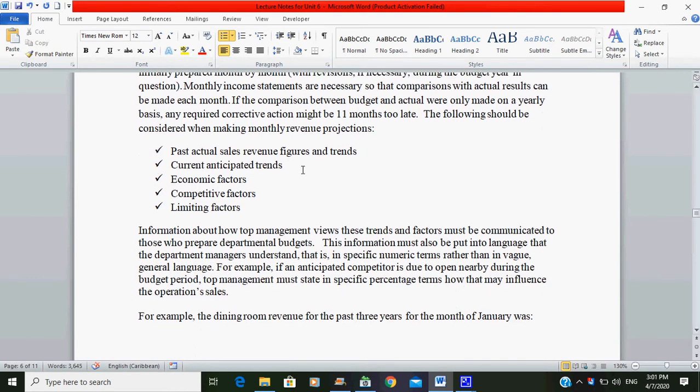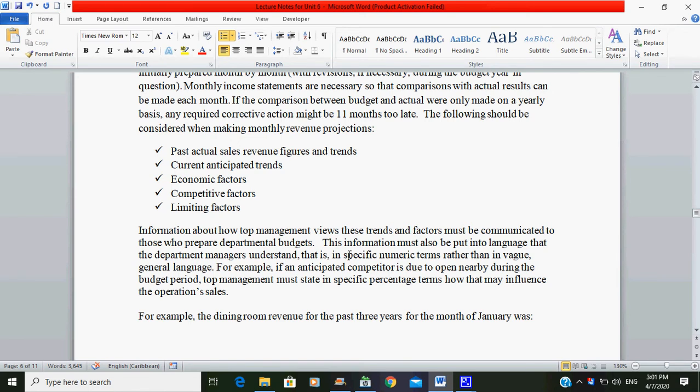The following should be considered when making monthly revenue projections: past actual sales revenue figures and trends, current anticipated trends, economic factors, competitive factors, limiting factors. Information about how top management views these trends and factors must be communicated to those who prepare departmental budgets, right? This information must also be put into language that departmental managers understand.